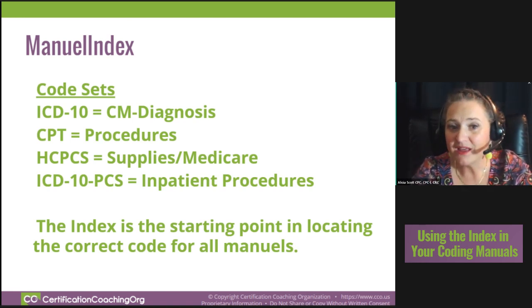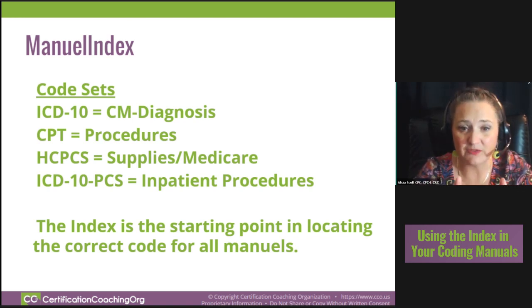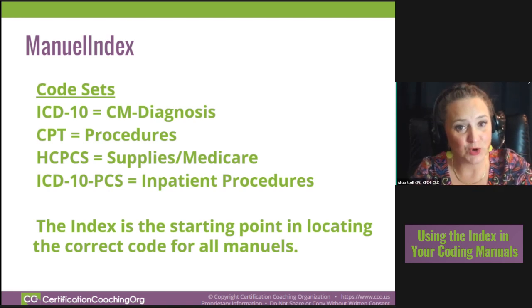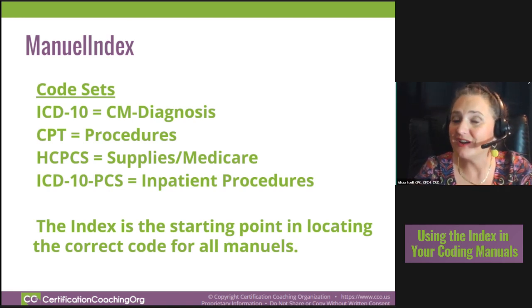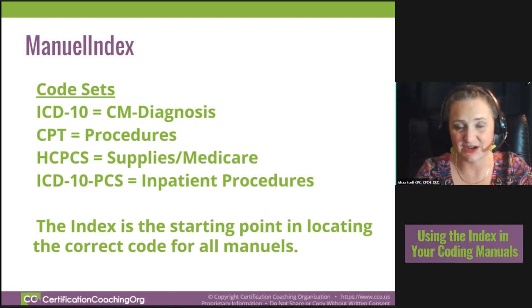That's how the index and the code sets work, where you look up the information in the index. However, the key is you have to know what keyword to look up in the index. So this concept of using an index and then moving to the tabular, that's easy, right?